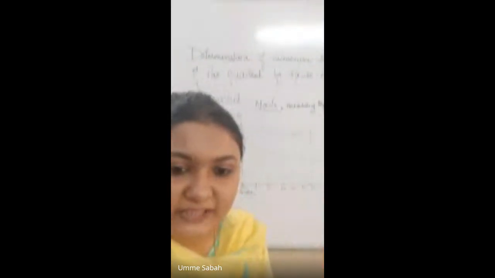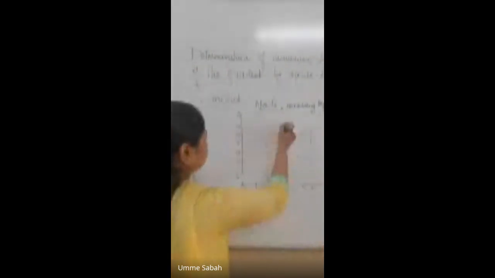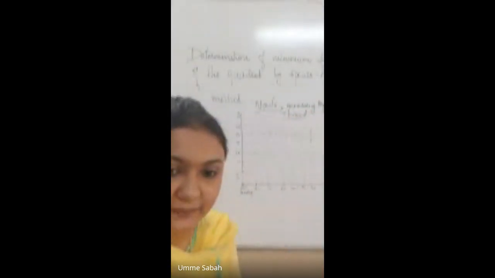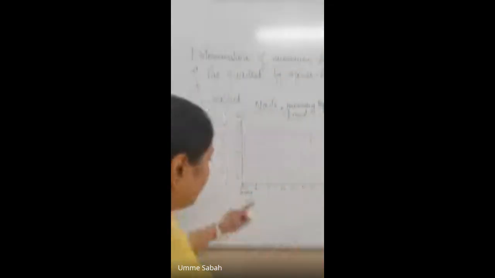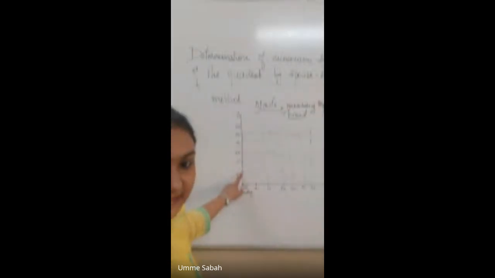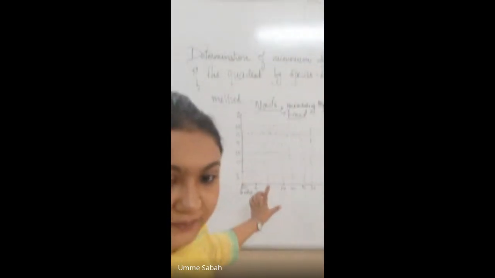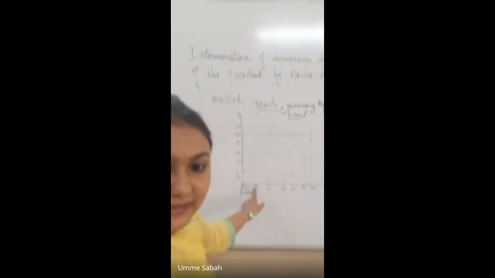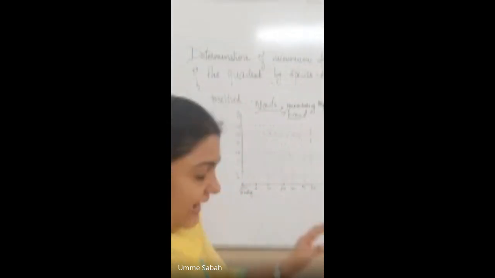Third requirement of the experiment is thread. Why do I need a thread? I am placing two nails at 10 into 10, one nail on the y-axis and one nail on the x-axis. Just placing the nail will not work. I have to cover that area. To cover that particular dimension, I'll tie the thread and cover it.